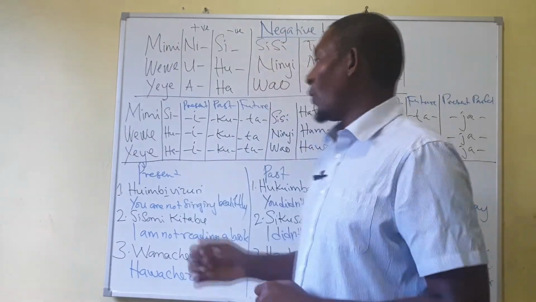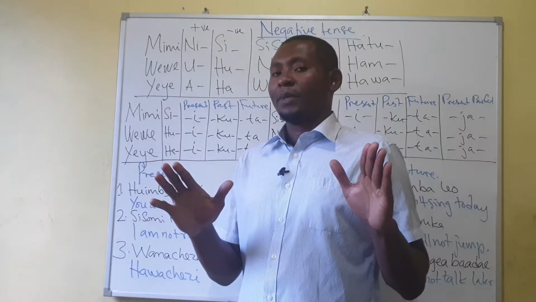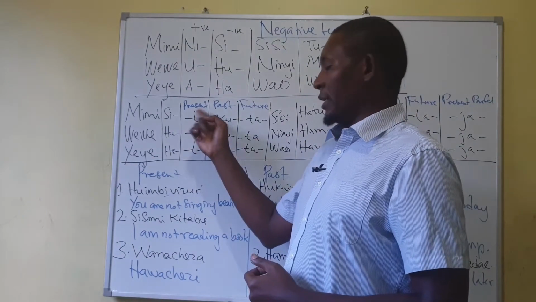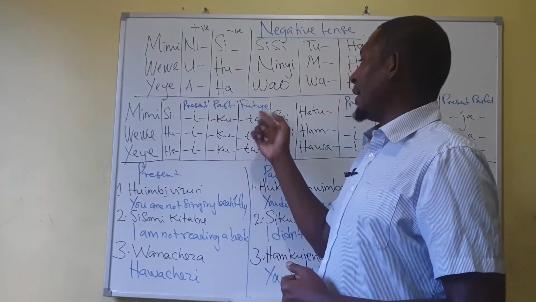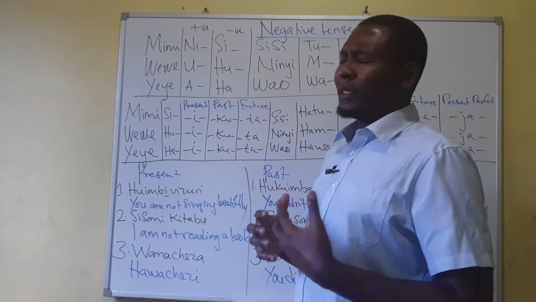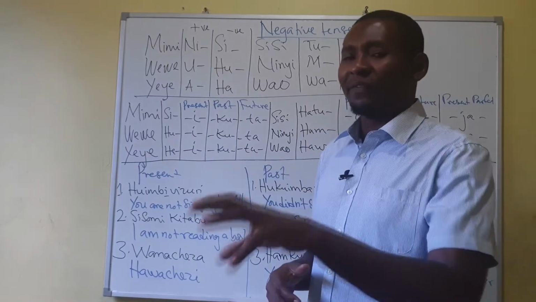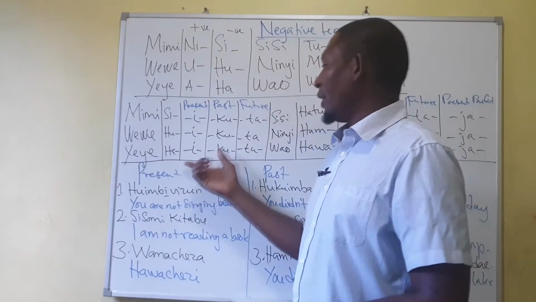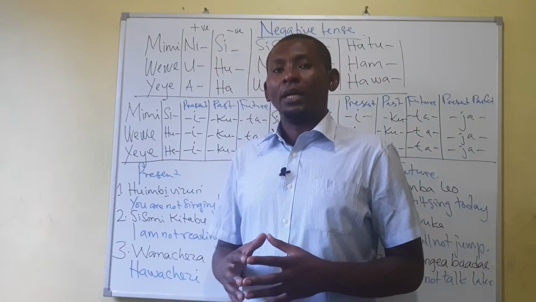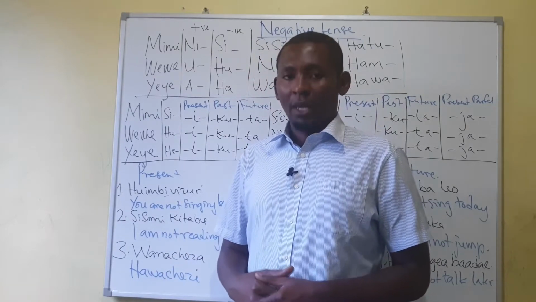Okay, so when it comes to tense, don't get confused. In tense, as we've said, there is present, past, and then we have the future. Bear with me for these little prefixes and infixes, a few more, before I can explain more on the examples down here.